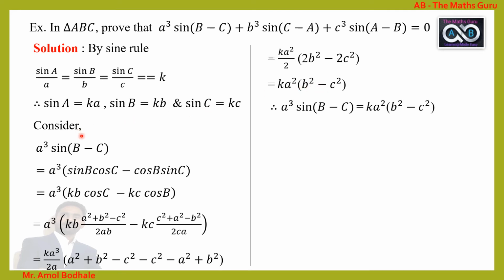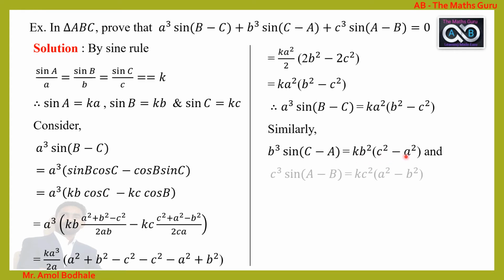That means a cube into sine of B minus C will be k times a square into b square minus c square. Similarly, for the remaining two terms, we can write b cube sine of C minus A as k into b square into c square minus a square, and c cube into sine of A minus B as k c square into a square minus b square.